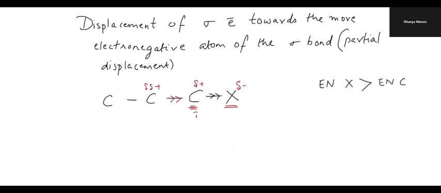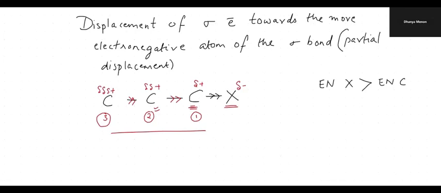Let's think that this is the second and this is the third. The second carbon atom has attained a positive charge and is deficient of electrons, so it will pull the electron pair from the third carbon atom. You can see there is shifting of electrons, and the inductive effect is traveling.